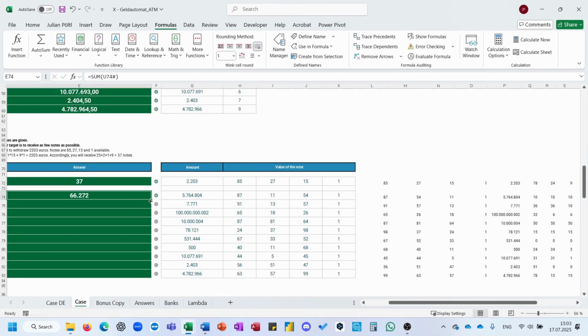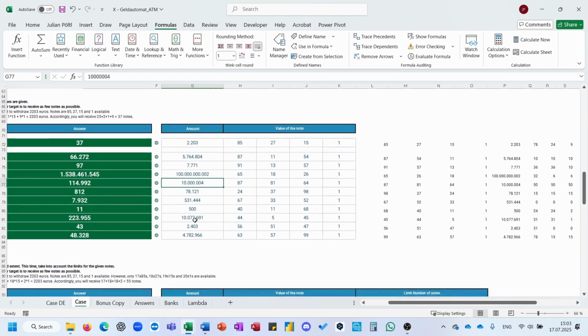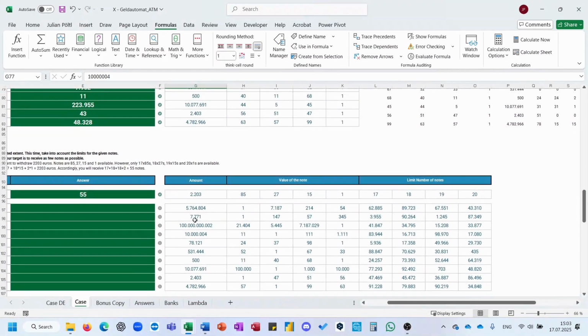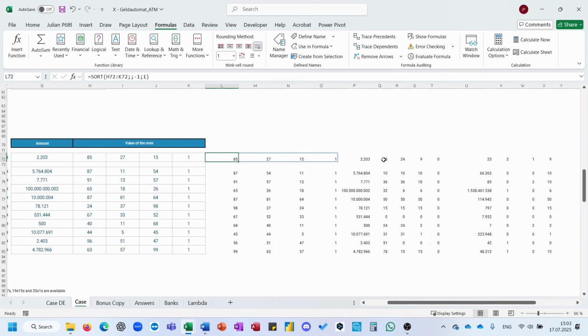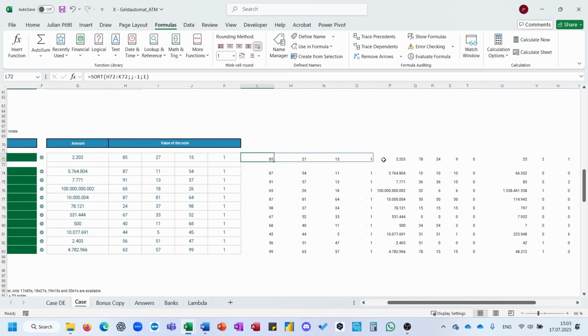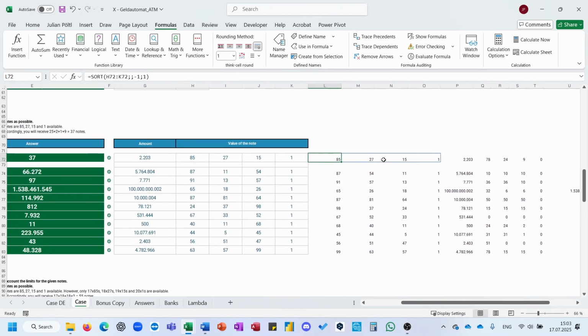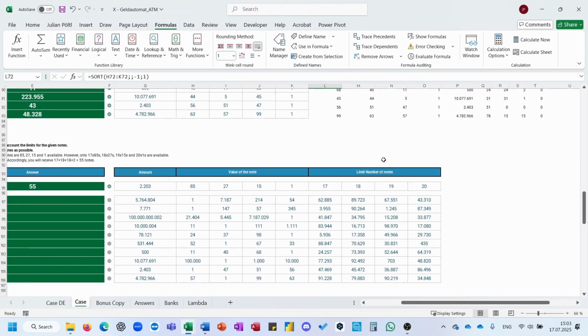Should be everything right. Now, we not only have the problem that we have those values here, we now also have a limit of numbers. So a bank does not have all the notes you might need.